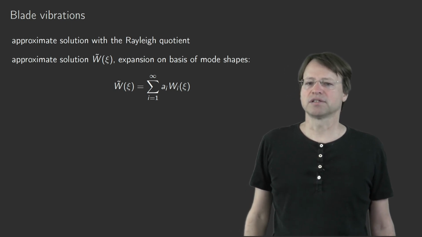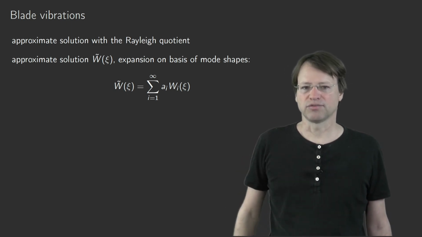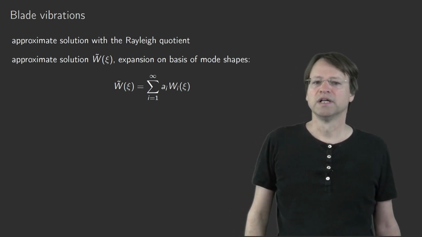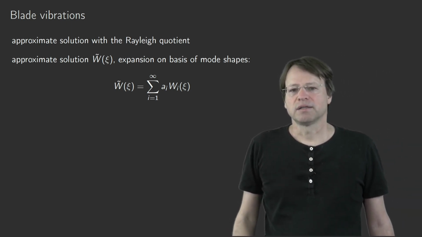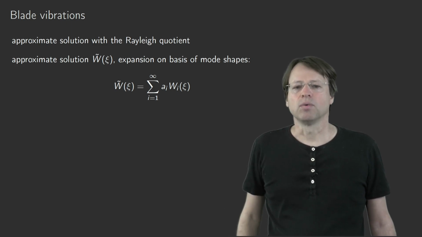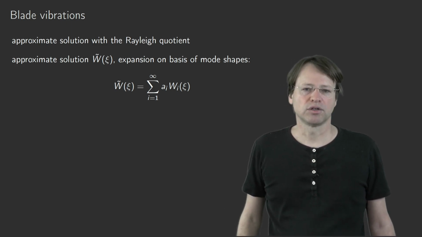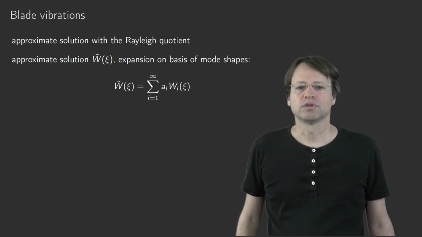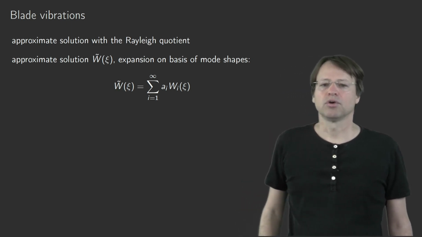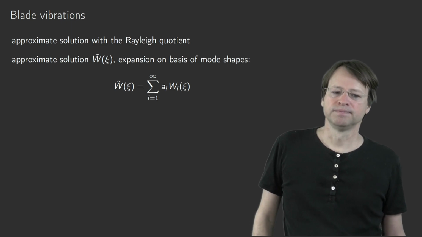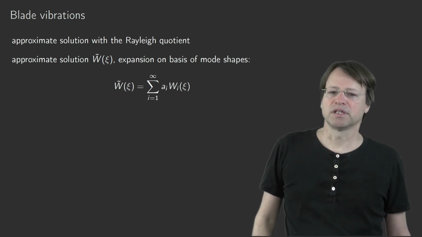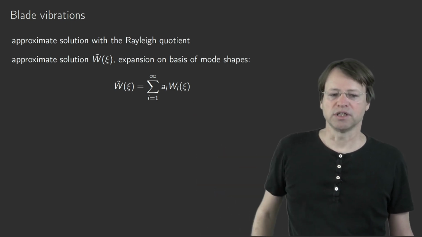And what we will see, that's what I can prove, is that the approximate natural frequency is always larger than the true natural frequency computed with the two corresponding mode shapes. So let me prove this, and therefore I need this representation here.